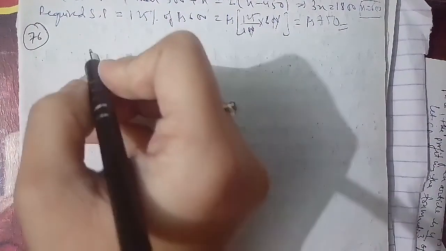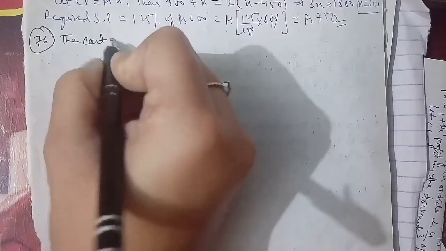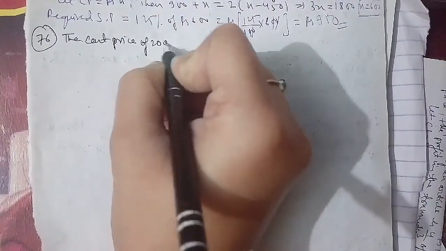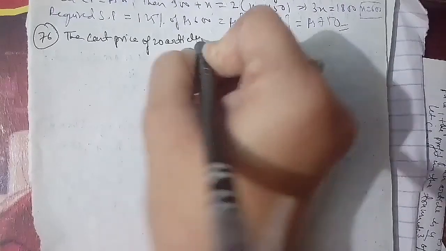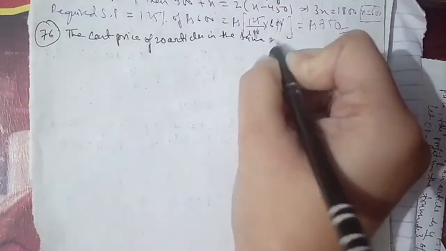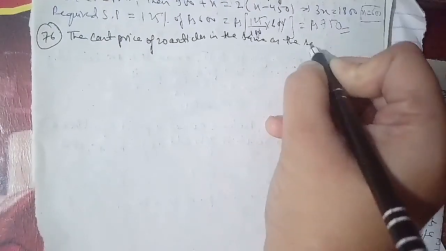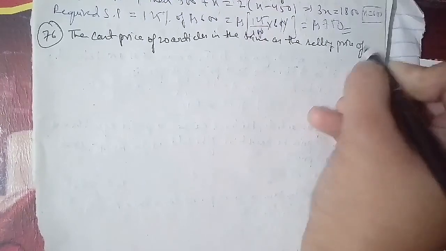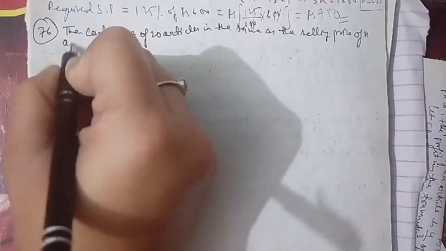The question we have: the cost price of 20 articles is the same as the selling price of X articles.